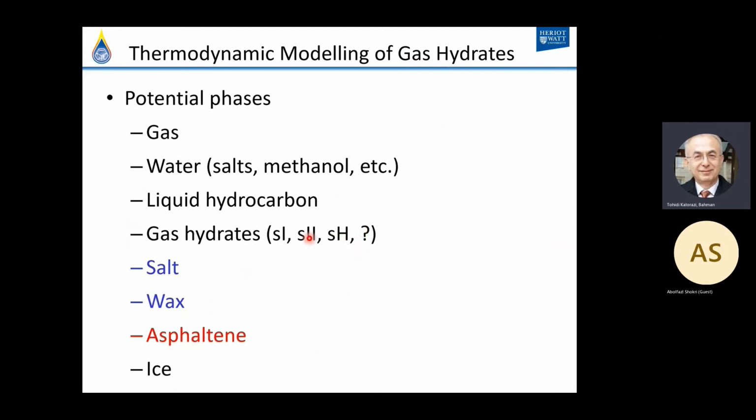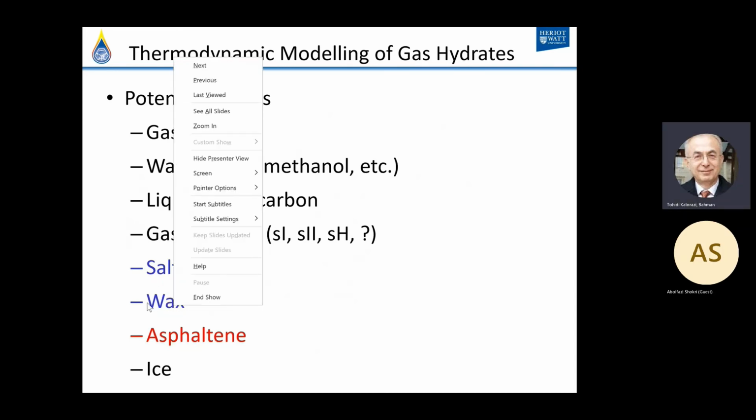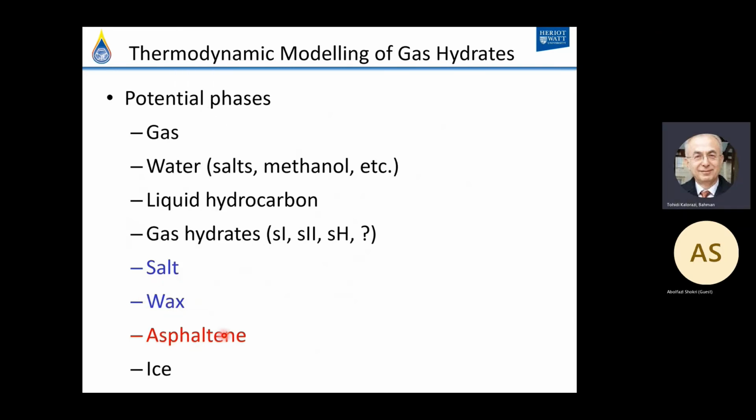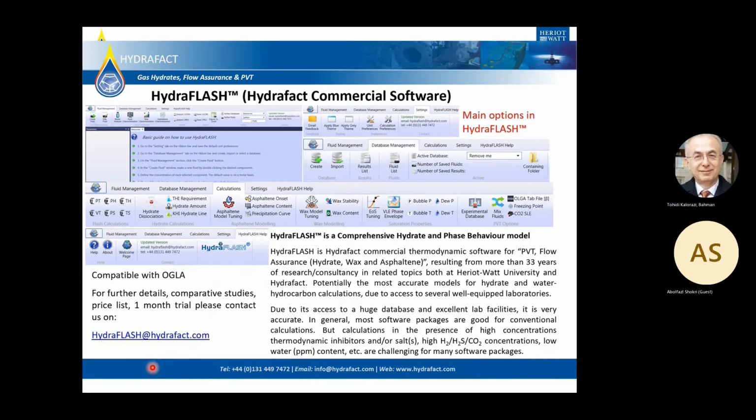So you can see that is one phase here, 2 phases, this is 3, plus 3 becomes 6, and we can have salt 7, wax 8, asphaltene 9, ice 10, so we can have 10 phases in equilibrium. You can see how difficult it is.